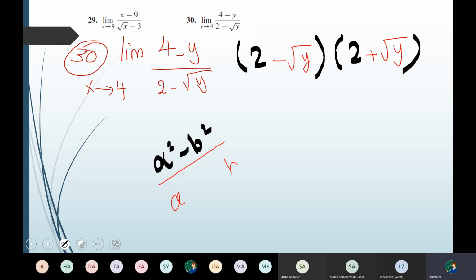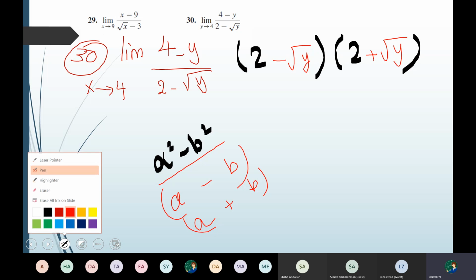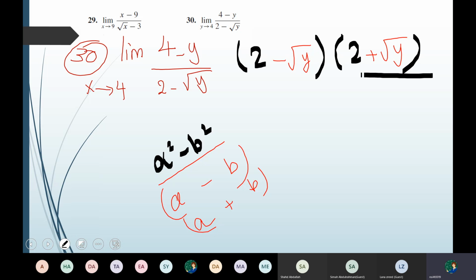It is a and b, a and b. One is minus and the other is plus. So it will be 2 minus square root of y times 2 plus the square root of y over 2 minus square root of y.